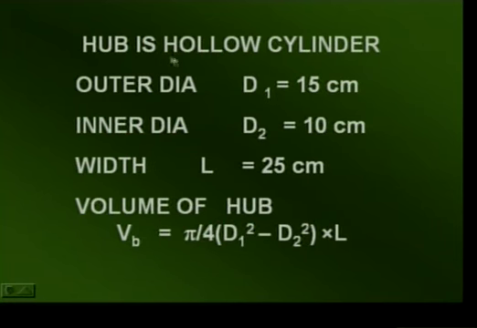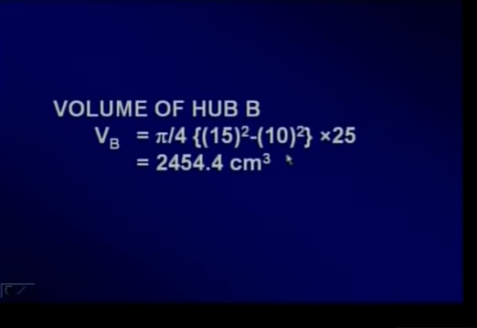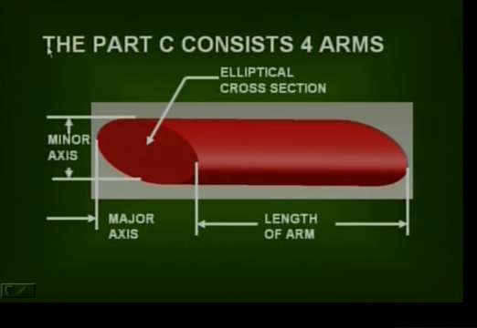Now, hub is a hollow cylinder, its outer dia D1 is 15 centimeters, inner dia D2 is 10 centimeters, width is taken as L is equal to 25 centimeters, volume of B calculated by using the formula VB is equal to pi by 4 (D1 squared minus D2 square) into L. Substituting D1, D2 and L values, the calculated value becomes 2454.4 centimeter cubed.